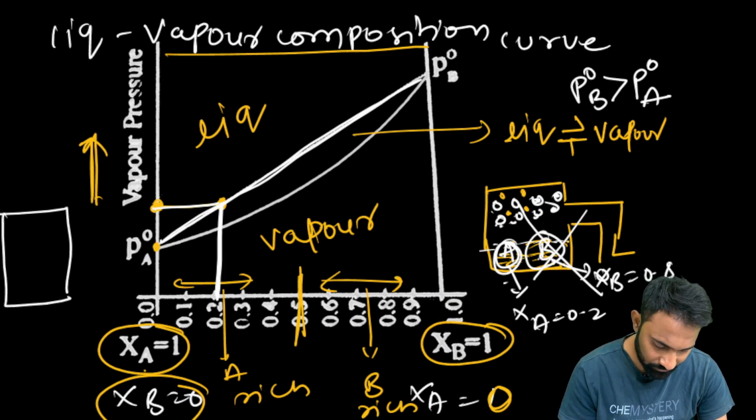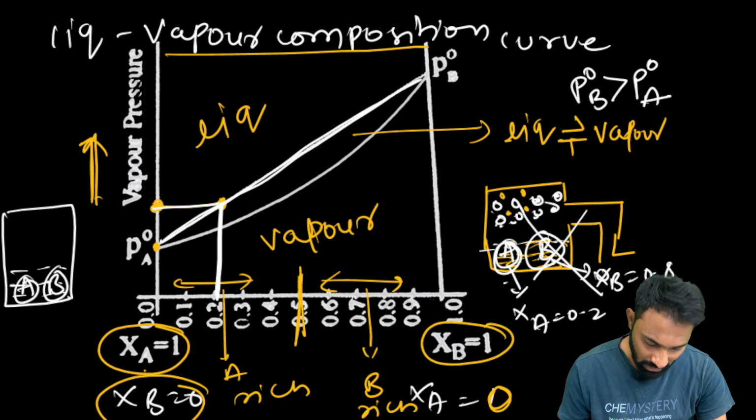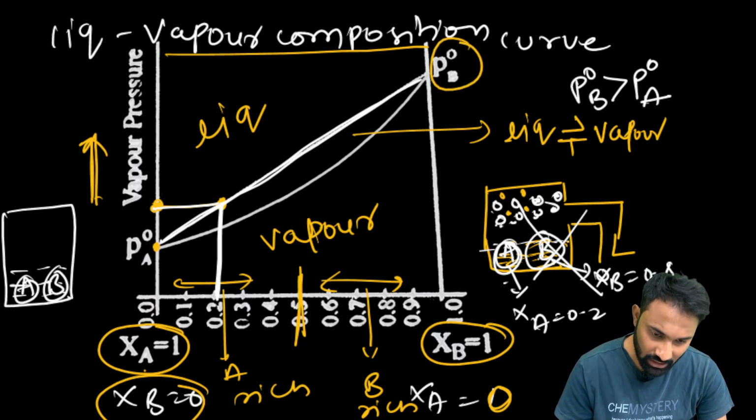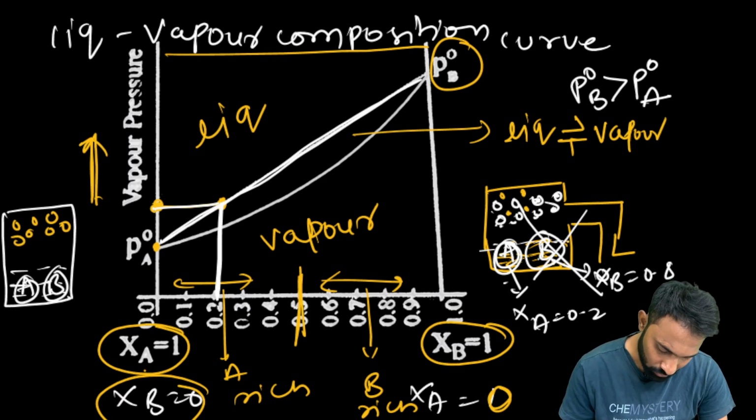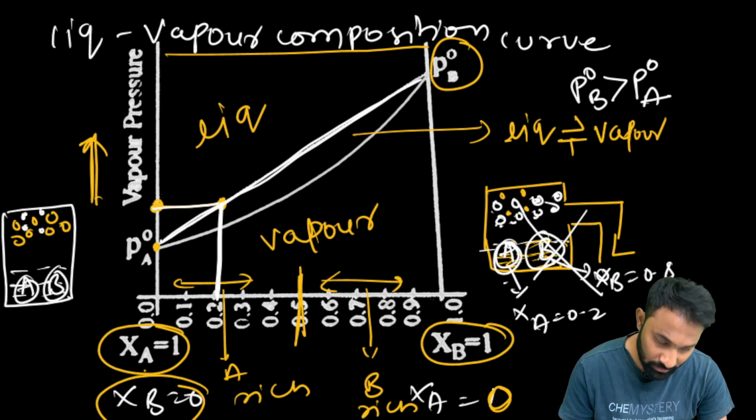Now you see, this is liquid A and liquid B. I already said that the vapor pressure of B is high, which means in the vapor phase B will be high. In the liquid phase A will be high, and in the gaseous phase A will be less.